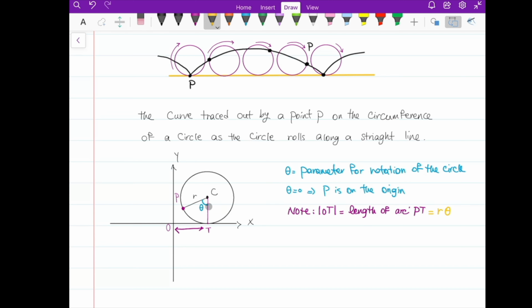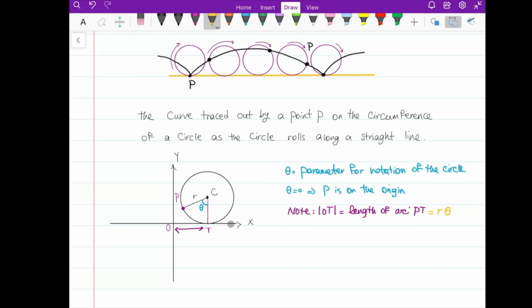Why is that? This arc is just a part of the whole circumference, and the whole circumference of the circle is 2 pi r. So when theta is equal to 2 pi, we get 2 pi r. Since we have just one arc, that arc is r times theta.